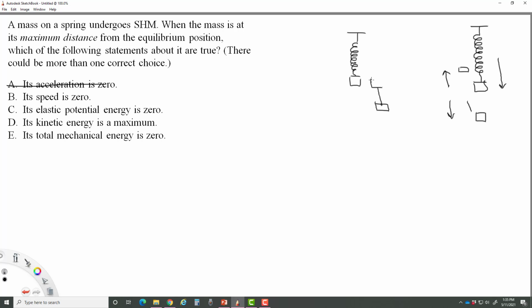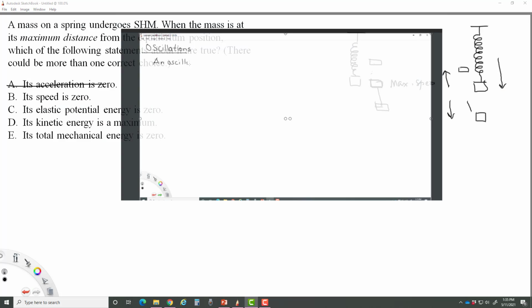It will have the maximum speed at the equilibrium, and then it slows down, slows down, slows down, and it stops after reaching the maximum point. Then it goes back, speeds up, maximum speed, and then slows down, and stops. So that happens all the time.